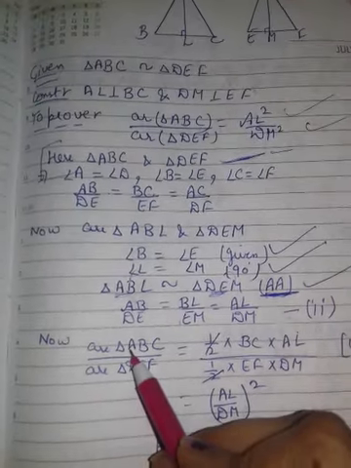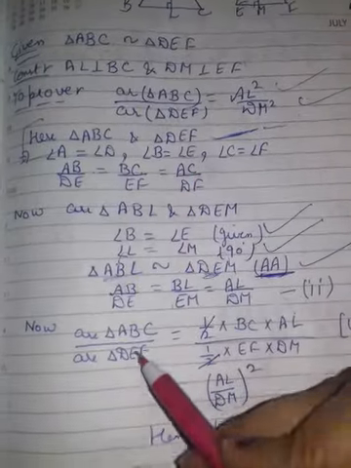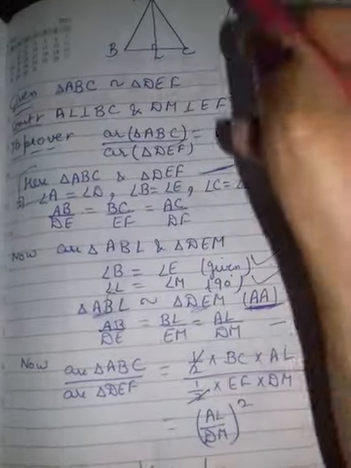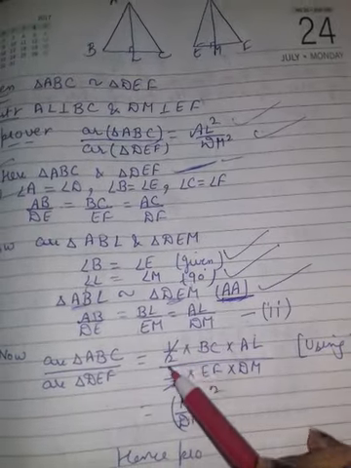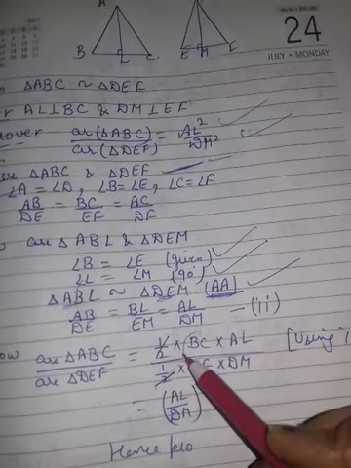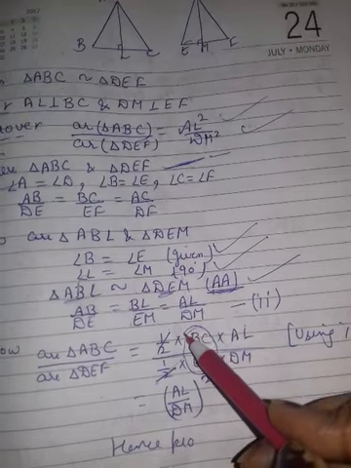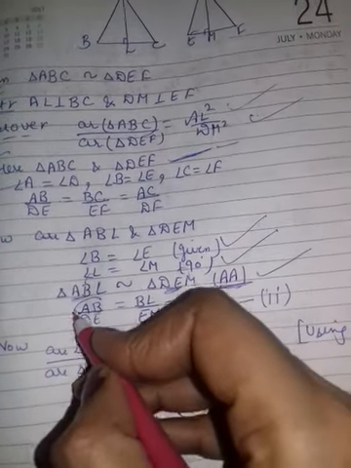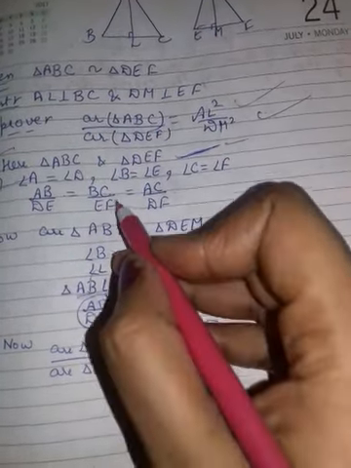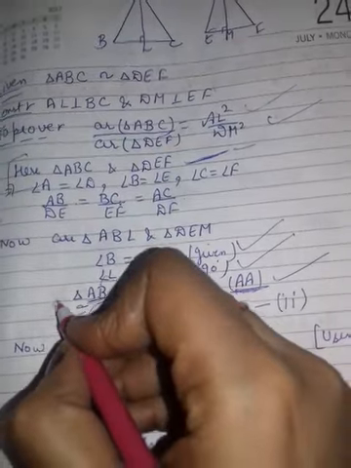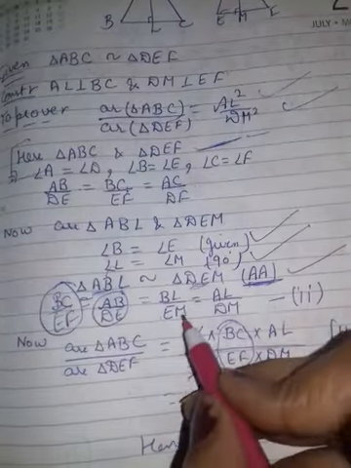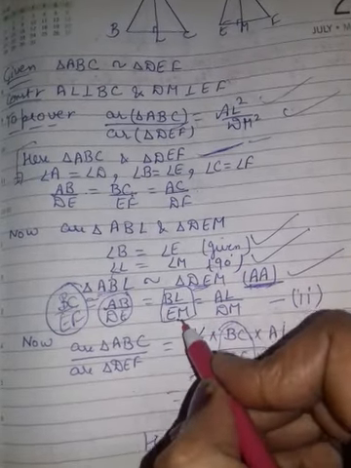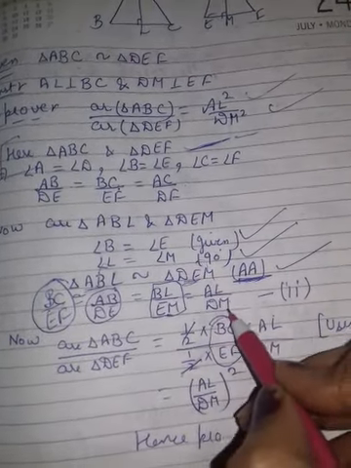Now you will take the area that you have to prove. Half into base into height, half into base into height. Half will cancel. BC upon EF you can write as what? You know that this part is equal to BC upon EF. But BC upon EF is equal to BL upon EM and AL upon DM.